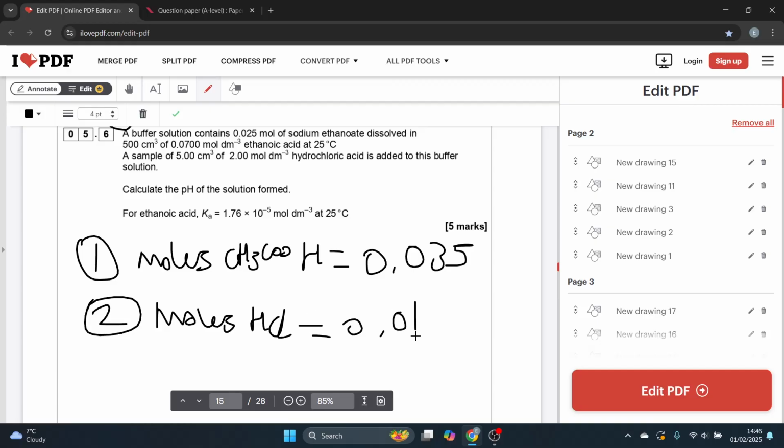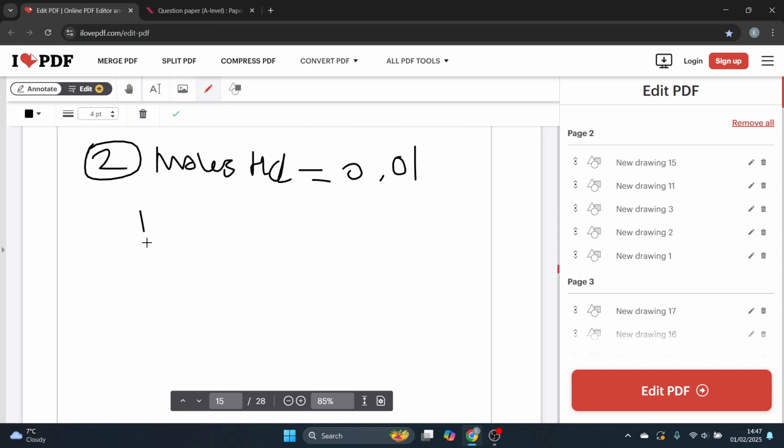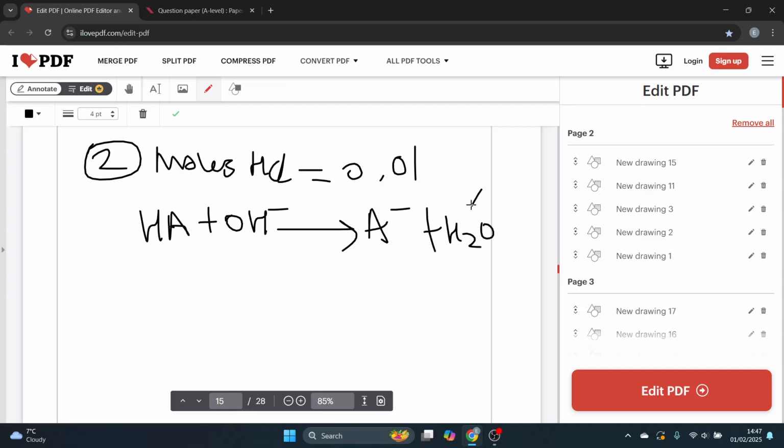So now I've got the moles. Now I'm going to construct the equation, and then I know a sample of this is added later on to the buffer solution. So what I want to do is firstly construct the equation HA plus OH minus to form A minus plus H2O. And H2O, remember, I don't care because that is not in the Ka expression.